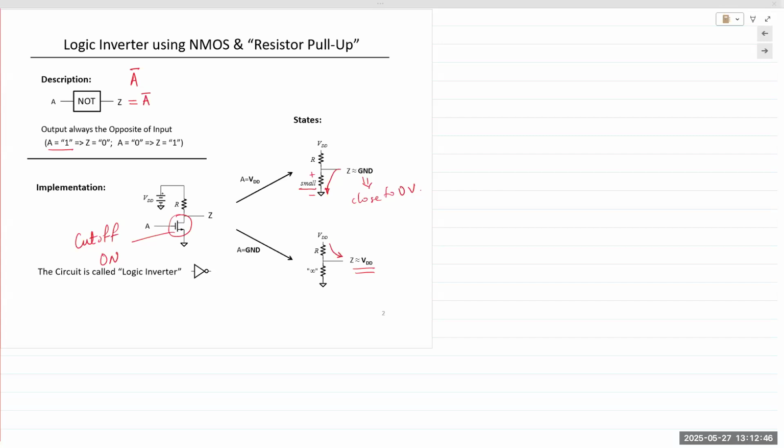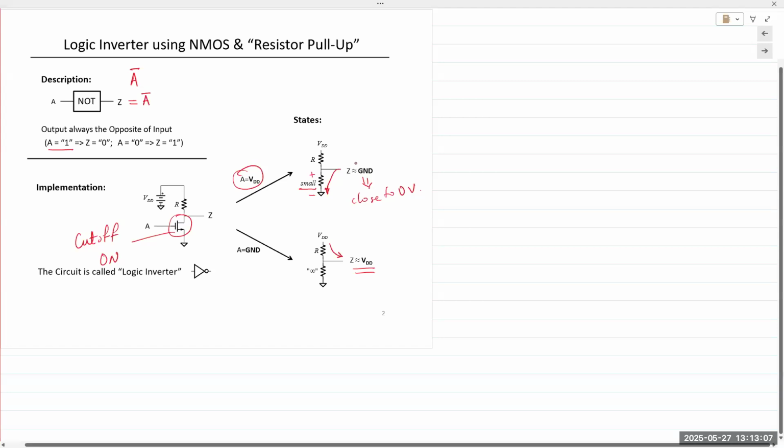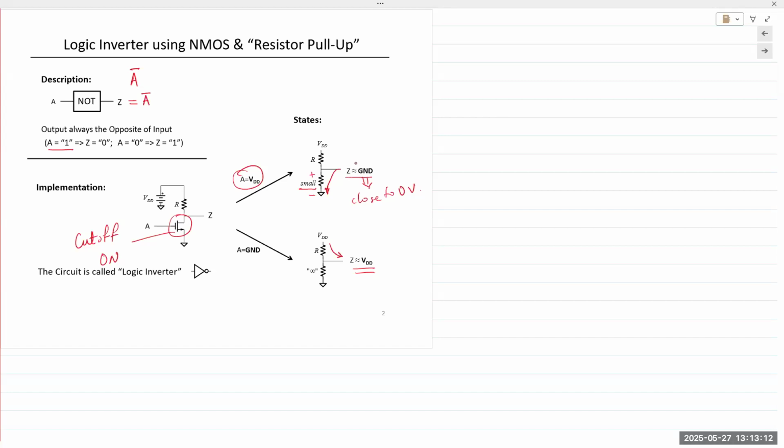Basically, we are using the cutoff and saturation regions of operation for a MOSFET, meaning when the input to the gate is high, it turns on. When it's zero, it's off. So when the input is VDD, output Z goes to ground because it's connected to ground via the MOSFET channel. And when the input is ground, meaning zero, the output is connected to VDD because the MOSFET is off.